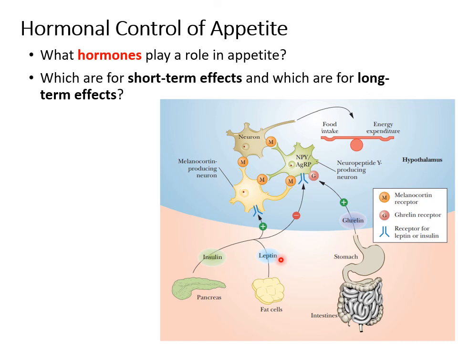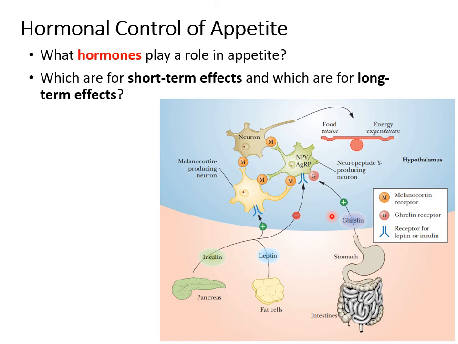Now, the stimulation or repression of your appetite is mainly controlled by neurons of the arcuate nucleus in the hypothalamus, part of your hypothalamus. And when we look at these, the first ones that I want to focus on are ghrelin and the cholecystokinin that I had mentioned.